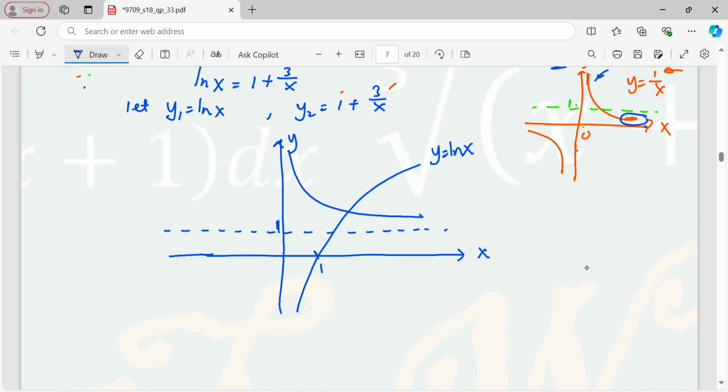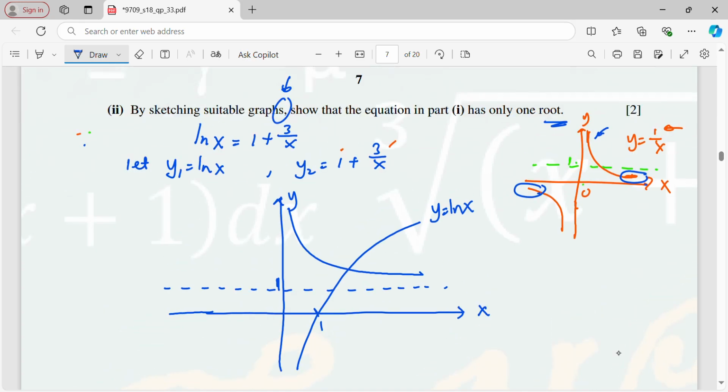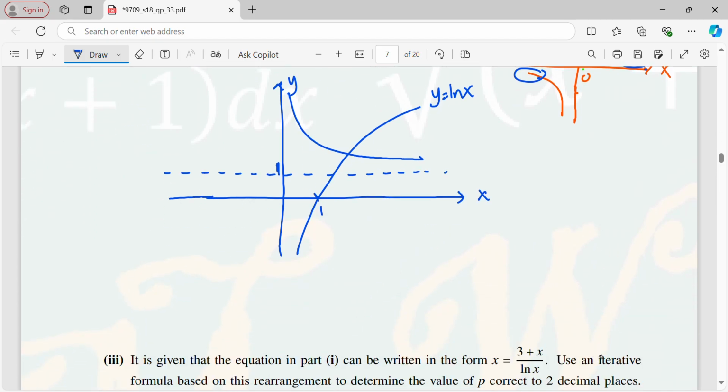So now when you move up, it cannot touch the dotted line. And same goes to this part. Originally it cannot touch 0, so when you move up 1 unit, it cannot touch the dotted line. So my graph will be approaching the dotted line. Okay, this will be my graph.